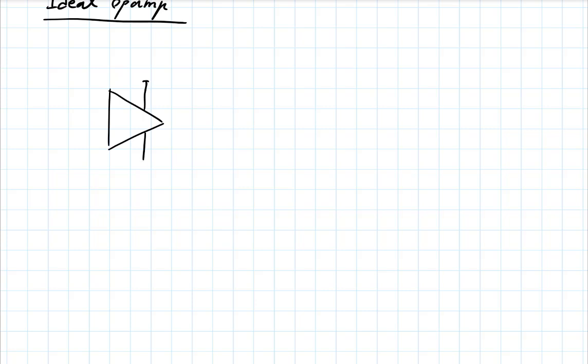But very often we don't show those explicitly, though it's important to keep in mind that they are there. The main terminals are the two inputs, the inverting and the non-inverting input, and then the output. So call these V1, V2, and Vout.